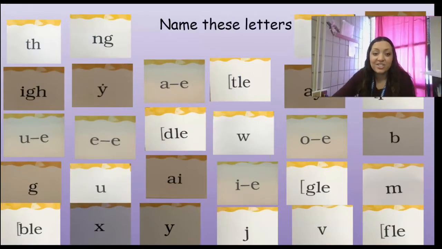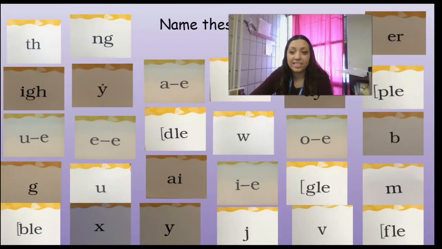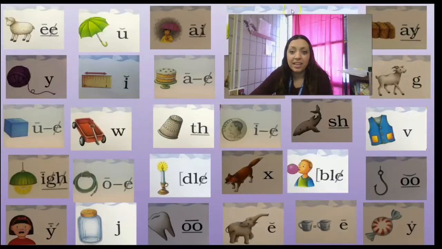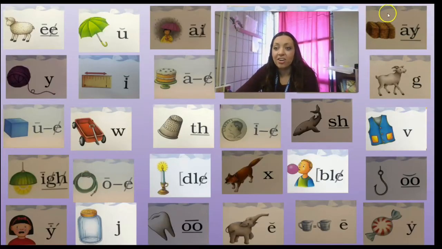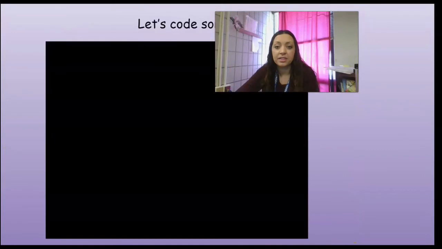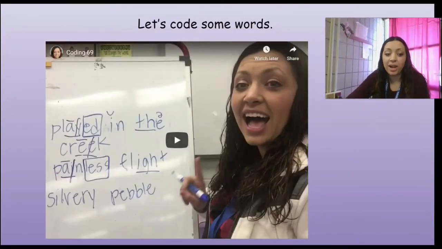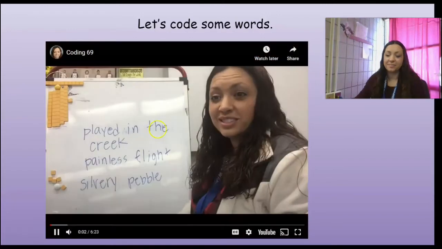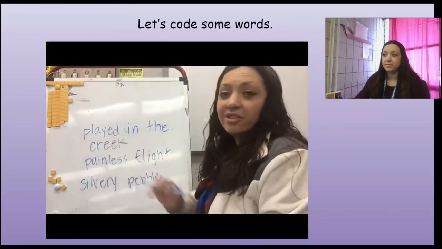All right, so you can see here are our letter cards, and we did add our vowel digraph AY in there. And then we did add our sound card for AY, which remember is the word hey, which we'll practice tomorrow. And so now we're going to practice coding some words using that AY today, okay? So let's look at our first word.